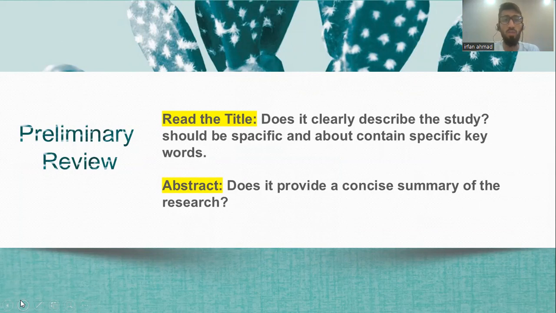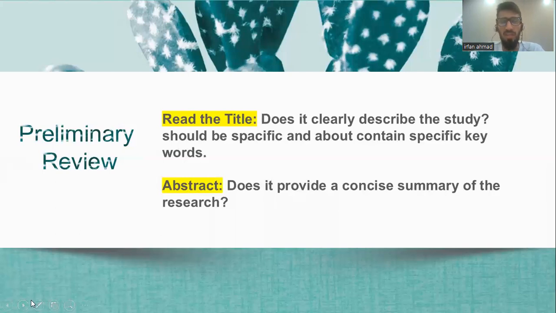The second thing is, should it be specific and contain specific keywords, so that readers and article searchers can easily find it? So you keep two things in mind: a clear description, and specificity with specific keywords.